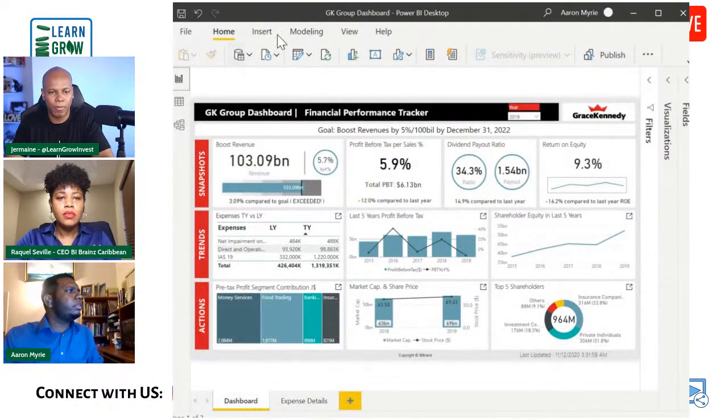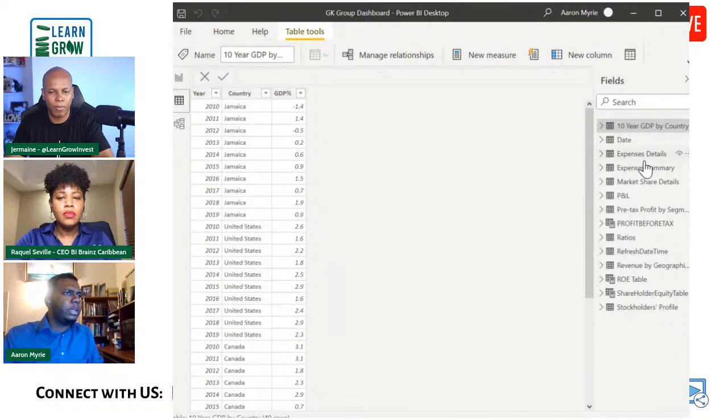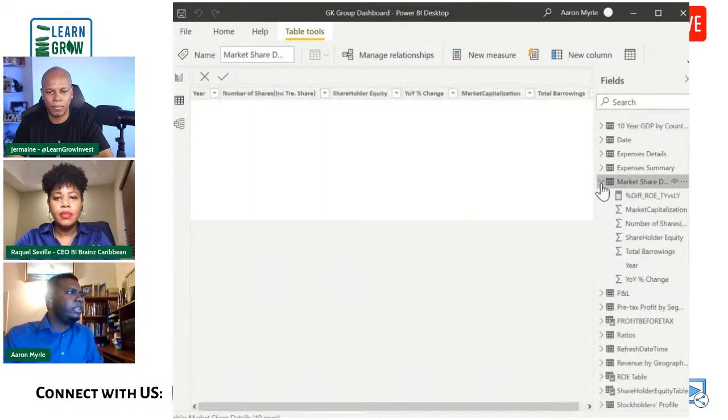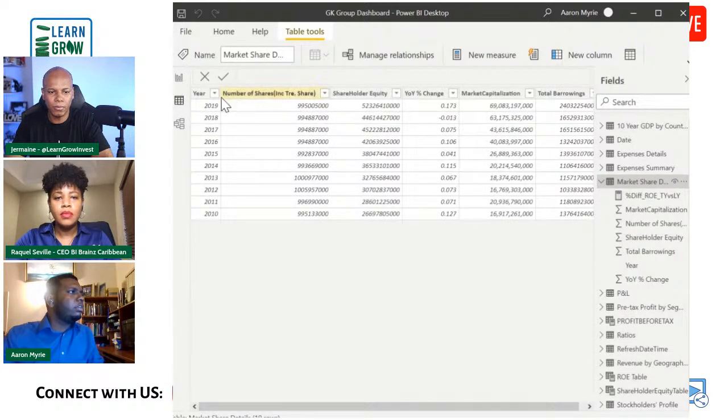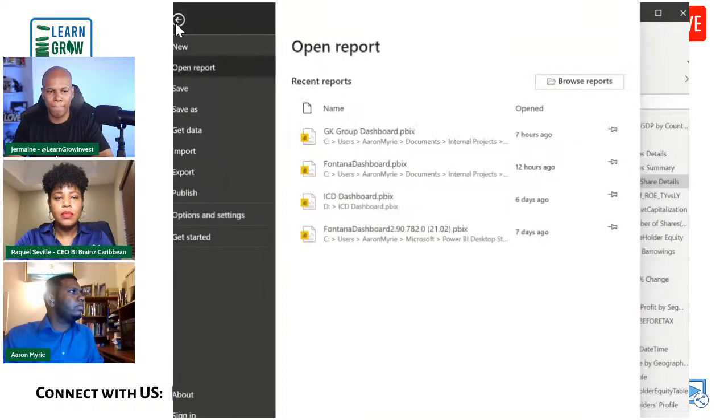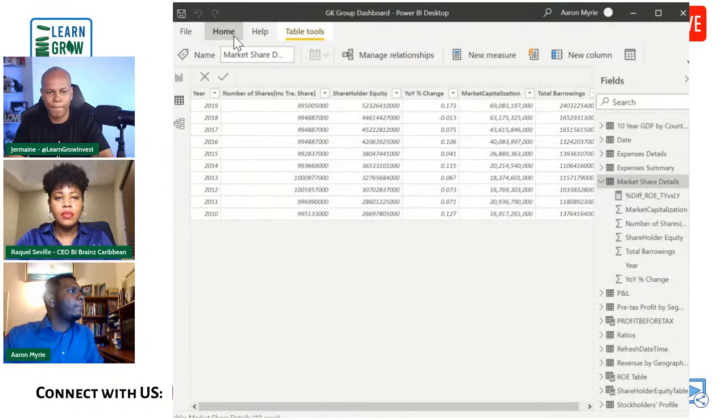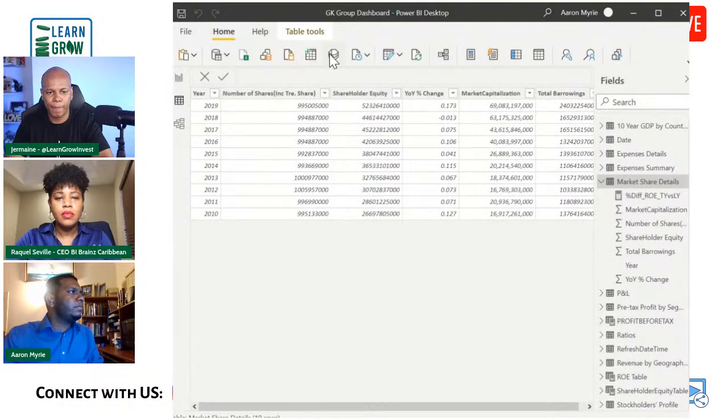So for example, if you want to add the market share details, you would ensure that you have these column headings in your Excel file. Then you can go to the Power Query editor.